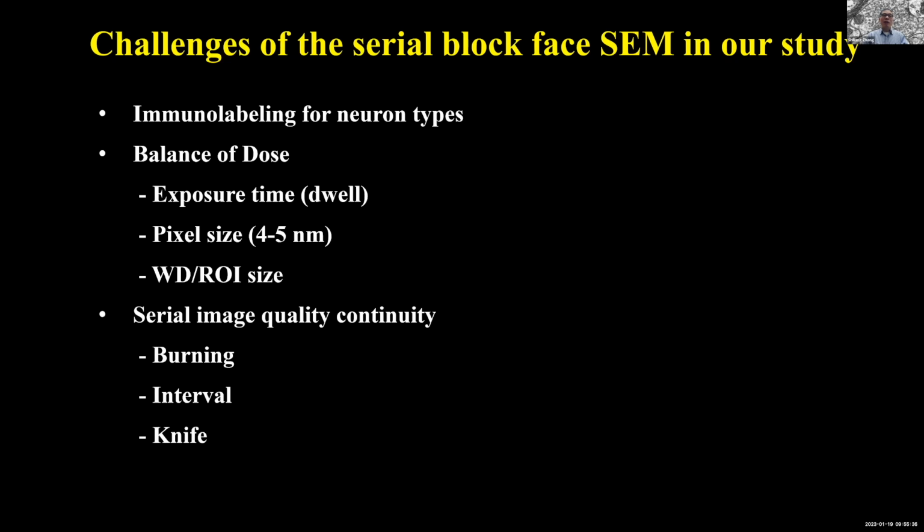And then after maybe 20, 30 serial images, they get either burning or a dirty diamond knife problem. Anyway, we did not have very good luck at the late stage of this technique. And also the FCC percentage: at the beginning we use 10, 15 to 20, but later we need to increase. But once we increase, it affects the resolution.